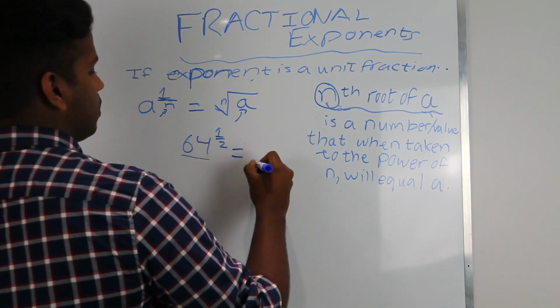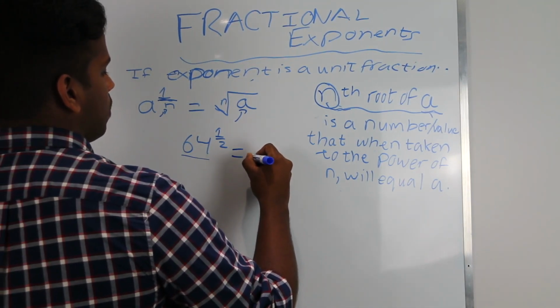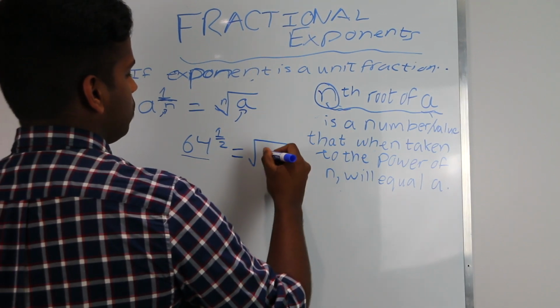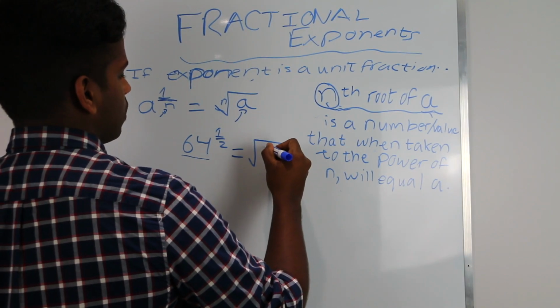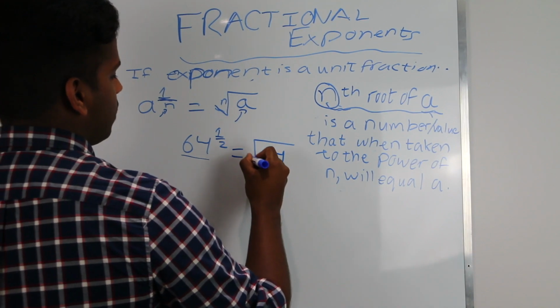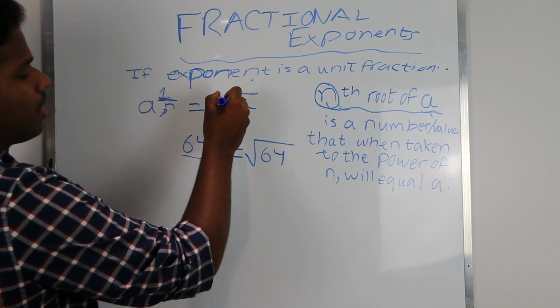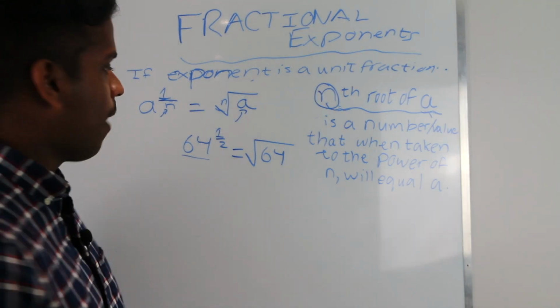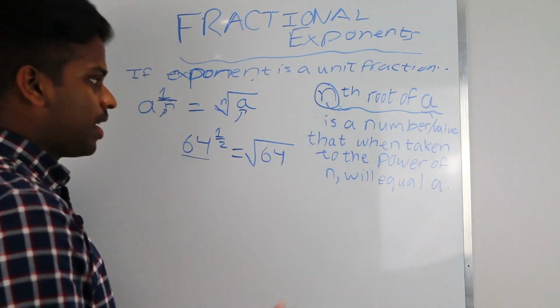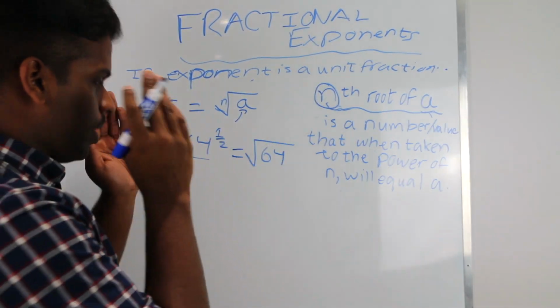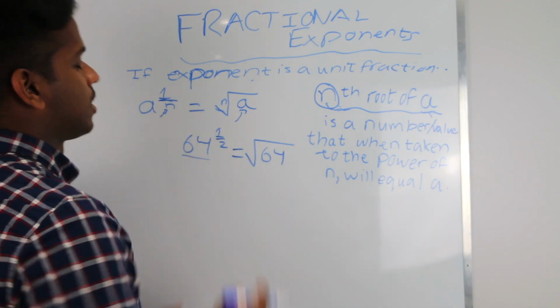So that equals the square root of 64. And since n is 2, we don't have to put a 2 here. See how I put an n here? If it was 3, 4, 5, we would have to put the 3, 4, 5 in here. But since this is a 2, we automatically know it's a square root.